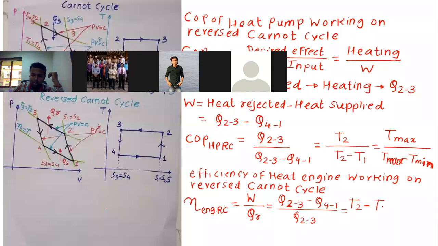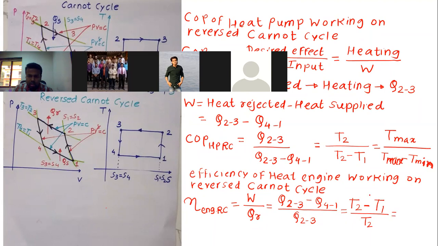It is T1 or T4, so I have written it as T1. Upon T2, which is the temperature during 2 to 3. Is that okay? All of you have understood?